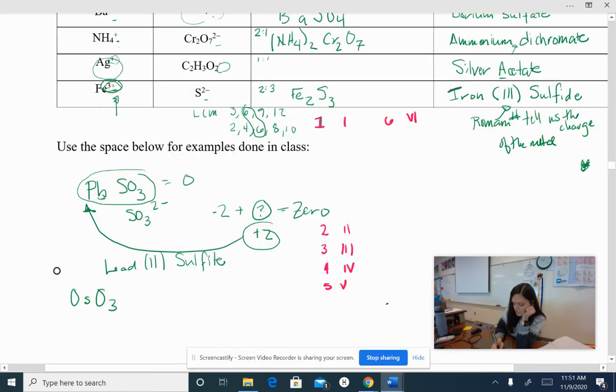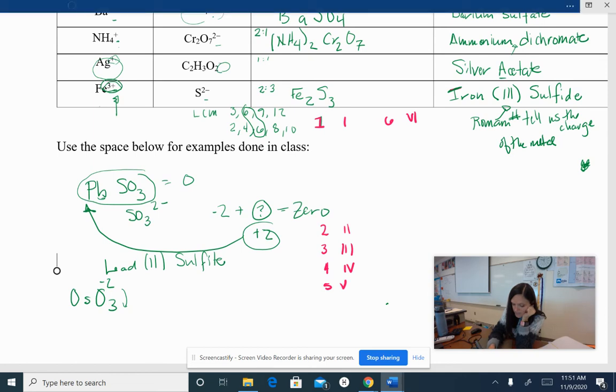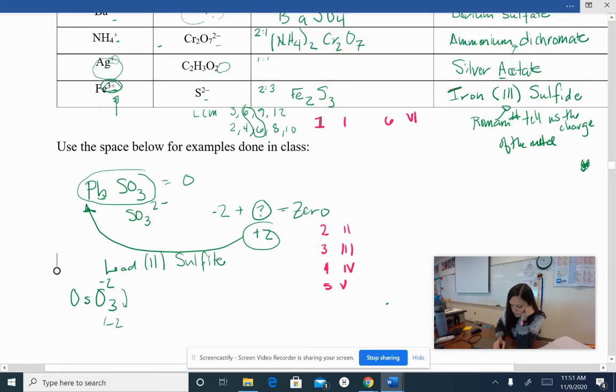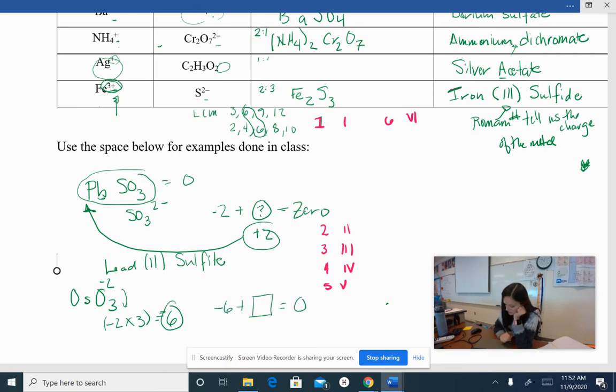So if oxygen is a -2, and I've got 3 of them, let's math this out really quick. -2 times 3 gives me -6. So my overall negative charge is -6. So -6 plus what is going to equal 0?